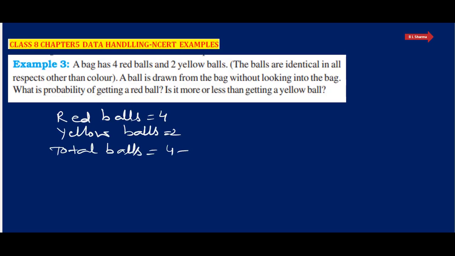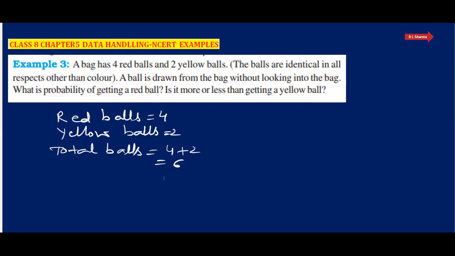Total balls 4 plus 2, that is 6. All balls are identical, so getting any ball, they all have equal chances. A ball is drawn from the bag without looking into the bag. What is the probability of getting a red ball?